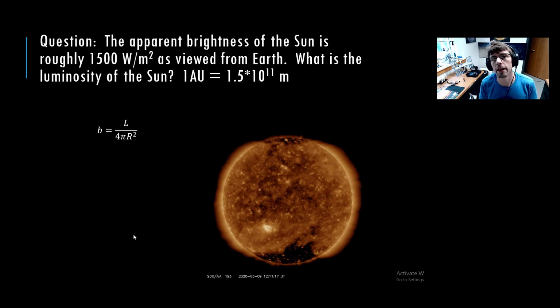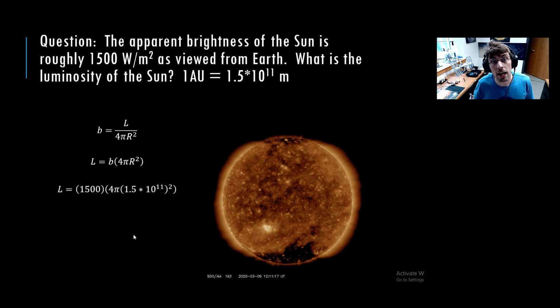So let's rearrange this so that all the known stuff is on one side of the equation and the unknown is on the other side. Now I'm going to substitute in numbers. We're given the brightness of 1,500 watts per meter squared, and we know the distance from the Earth is 1.5 times 10 to the 11th meters.